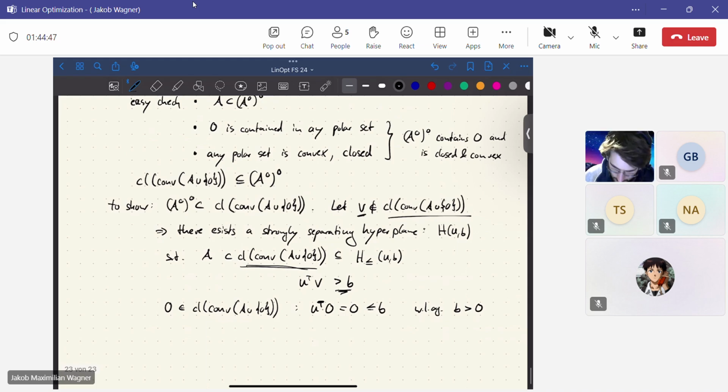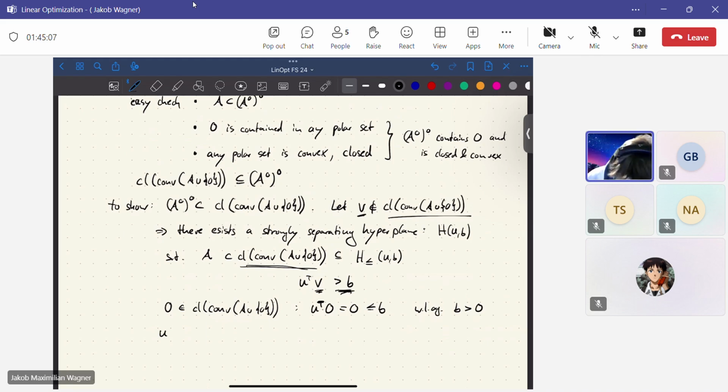And now we want to show that this V is not in this double polar. So we again need to construct here an inequality where we have a 1.